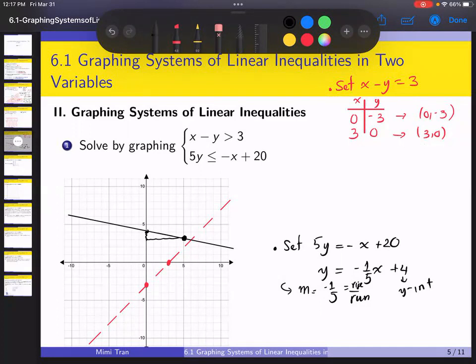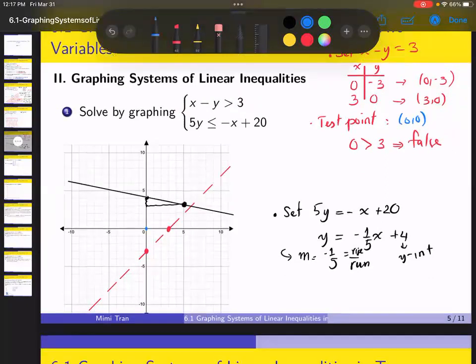Now the red one, I'm going to pick a test point just to know which side I'm going to shade. Again, if the line does not go through 0, 0, pick 0, 0. And you plug into the original. Is it true? False? False, right? If it's false, then you shade to the opposite side.